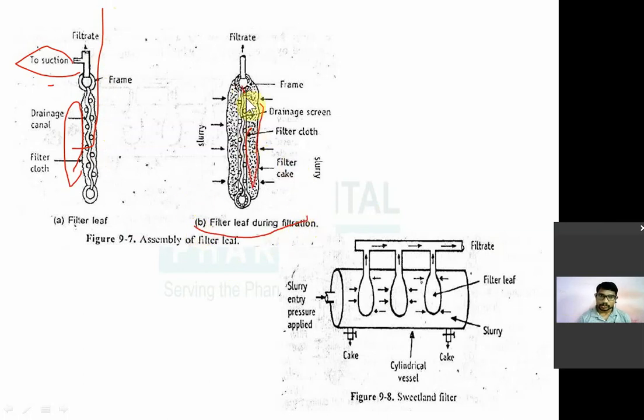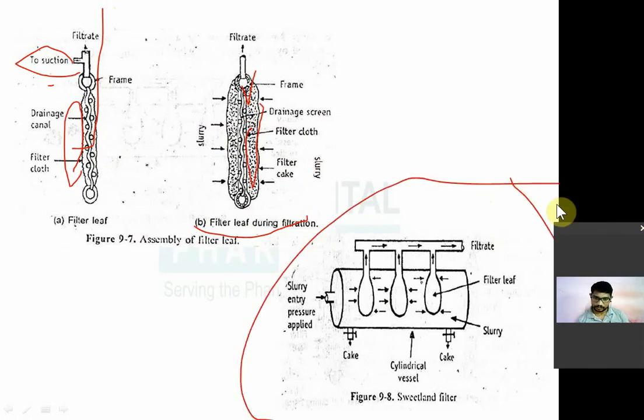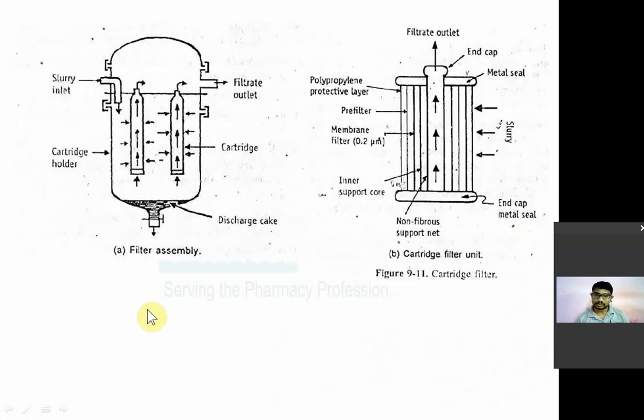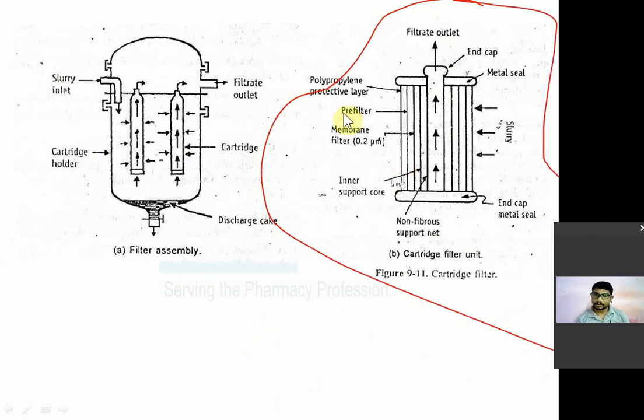And the last one, this is an example of a drum filter. This one moves. Whatever the slurry is there, it is known as a slurry tub or slurry container. In that you have to dip your drum filter and it operates. Whatever slurry is there, here there will be suction, vacuum. The vacuum will suck all the solution and the solid residue will get attached here. Now there is liquid inside. As it moves and comes to this point, drying also happens here. Whatever the deposit or cake is, simultaneously solution is filtered, cake is dried, and cake is removed here by using a scraper.